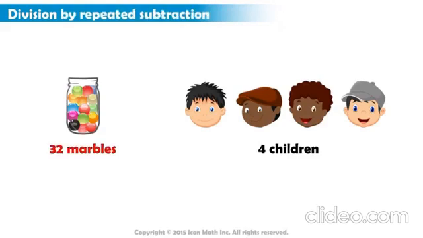Since 32 is the total marbles we have, it is the dividend, and 4 is the divisor, because they are the people among whom we want to divide the marbles.